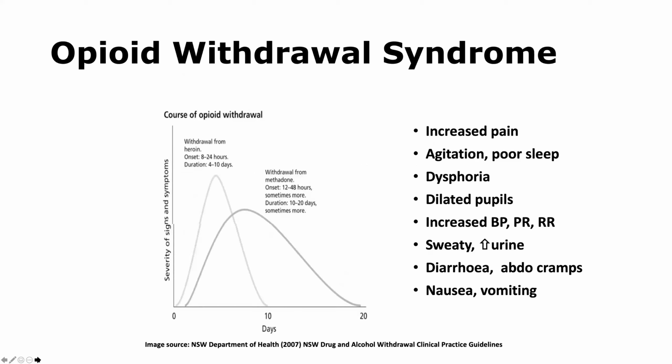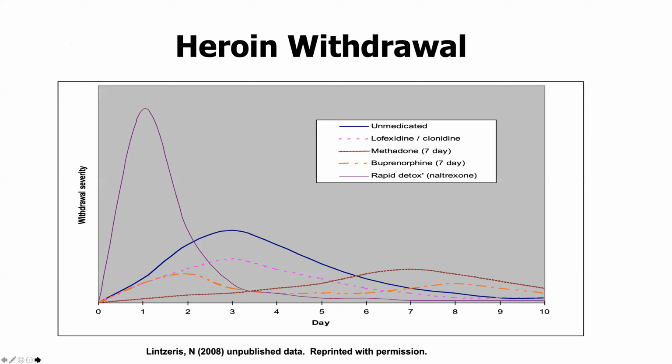And again, here's your withdrawal: pain, agitation, dysphoria, dilation of pupils, blood pressure, sweat, urine, diarrhea, etc. If we look at this, we have different types, and the dark blue line is the severity of withdrawal. As you see, this withdrawal extended past 10 days.